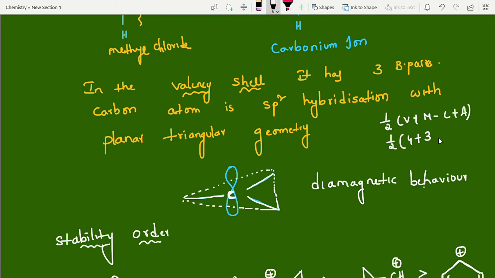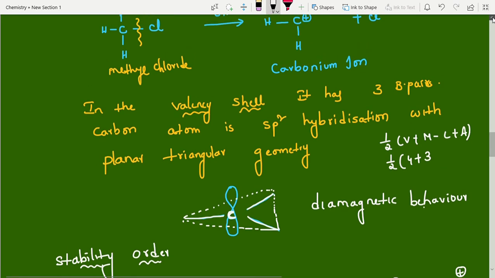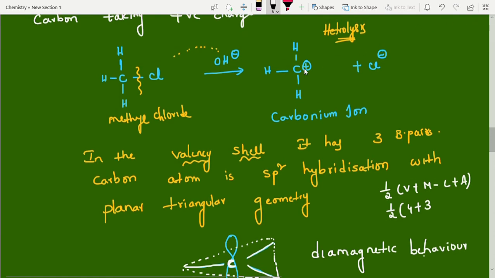Next, anion or cation? This is cation, right? See, look into this. Cation is nothing but we have to subtract 1. Then what you will get? 6. 6 by 2 means what? 3. 3 means sp2 hybridization.